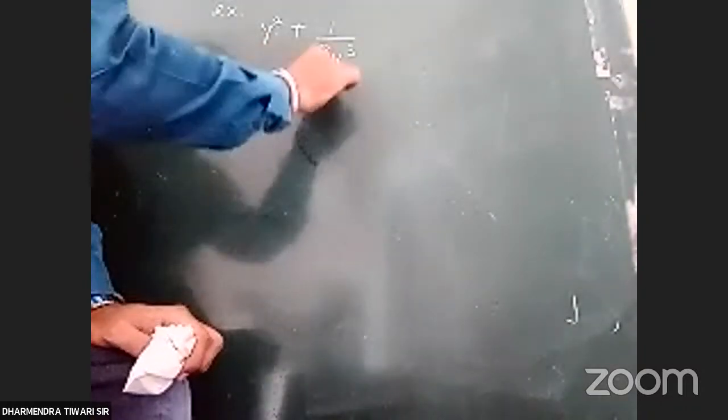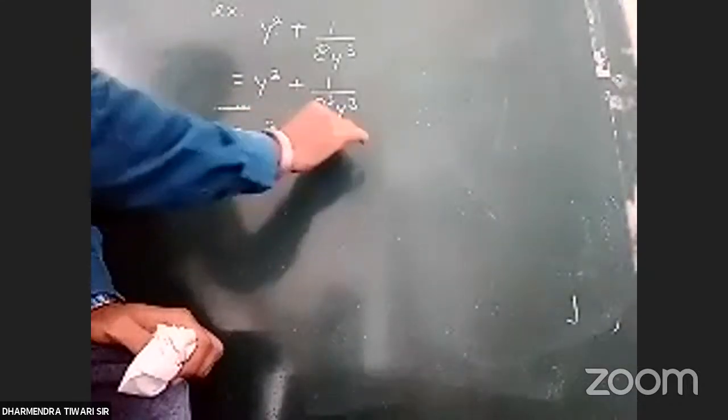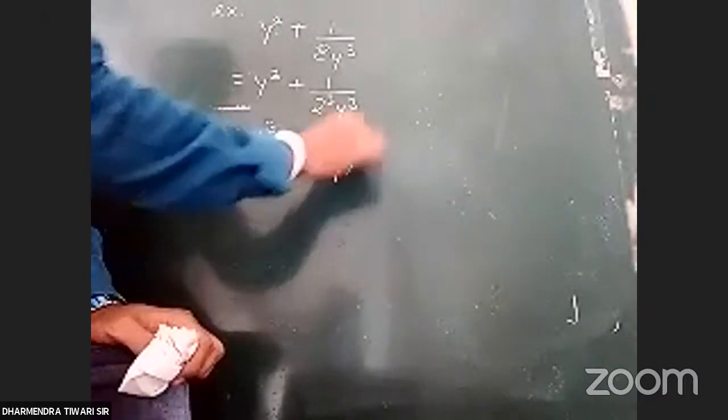Say we have y cube plus 1 upon 8y cube. You can write this as y cube plus 1 upon, 8 can be written as 2 cube, so this is y cube plus, now you can write this as (1 upon 2y) the whole cube.